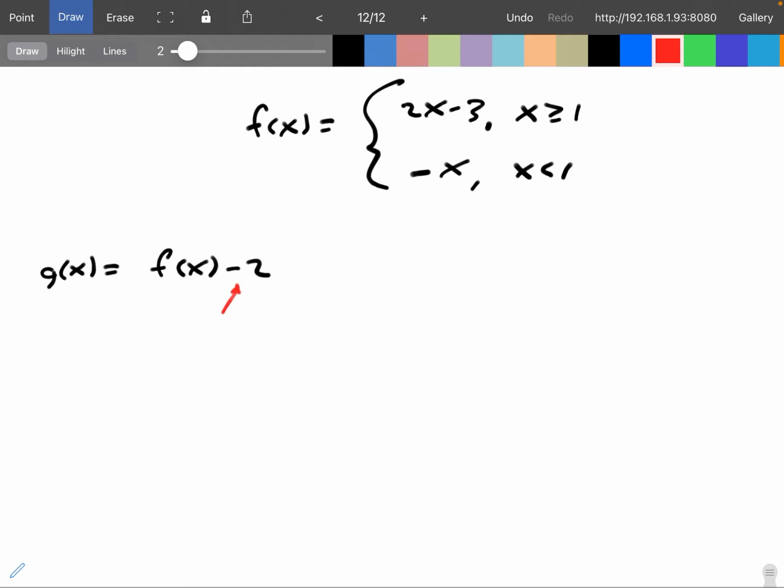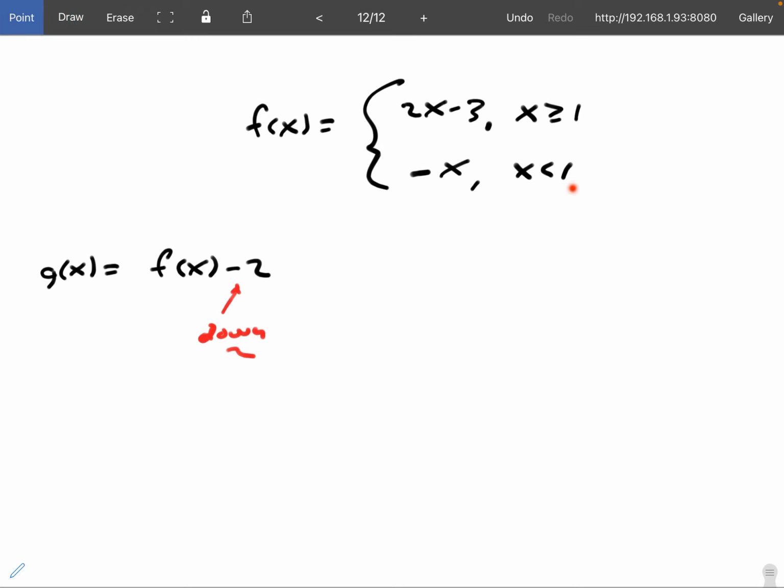If I take the whole function minus 2, I was going over 2 examples there in the beginning. Which kind of transformation was that to subtract 2? Again, it's not subtracting 2 from x, it's subtracting 2 from the entire function. So which way does it shift? Down 2? Yeah, thank you. Thanks, Cal. It's down 2. So this is down 2 units, okay?